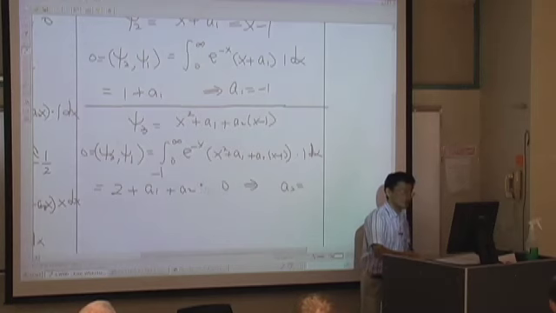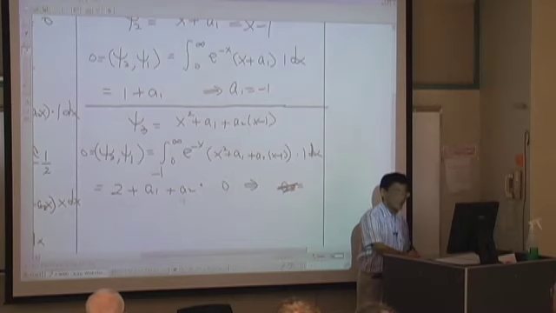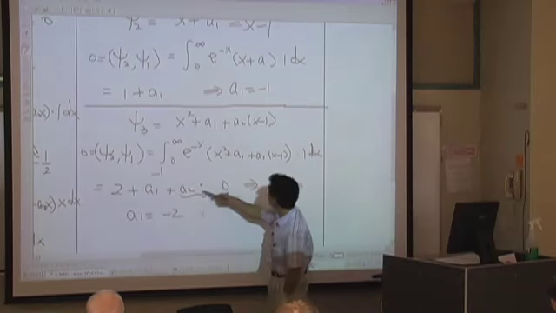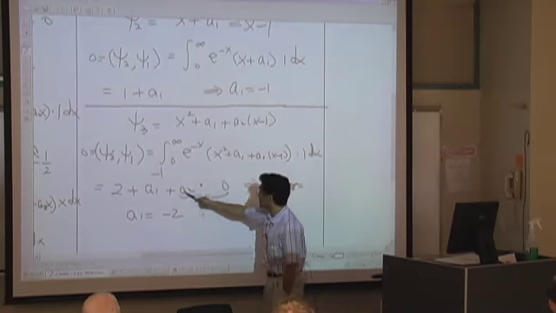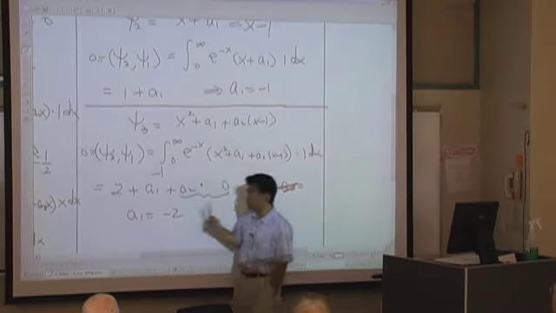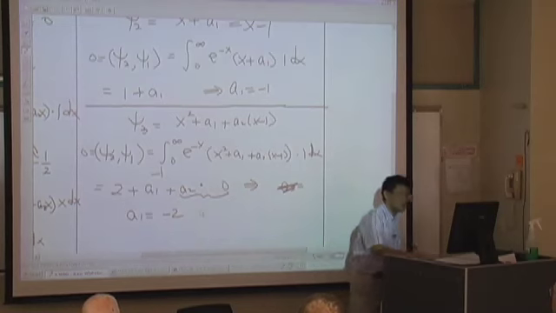So a2 contribution is 0 already. I mean, a2 itself is not 0, but its contribution is 0. So a1 is negative 2. Do you follow me? A2 multiplied by 0, so a2 has no contribution. So a1 plus this one is 0, so a1 is negative 2. I was a little confused because of the previous a1.